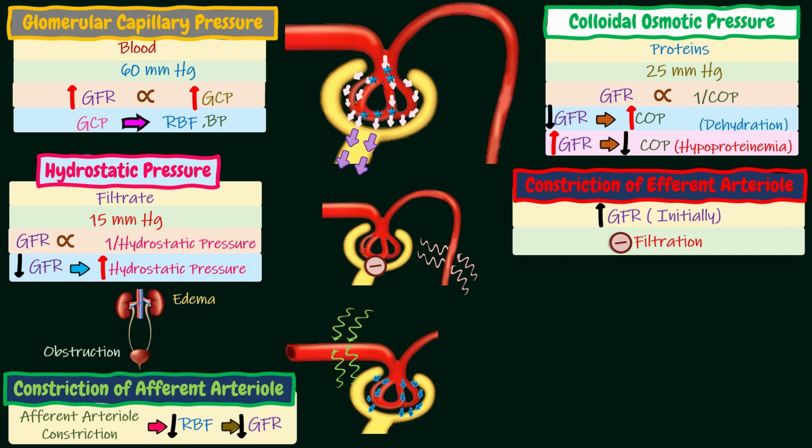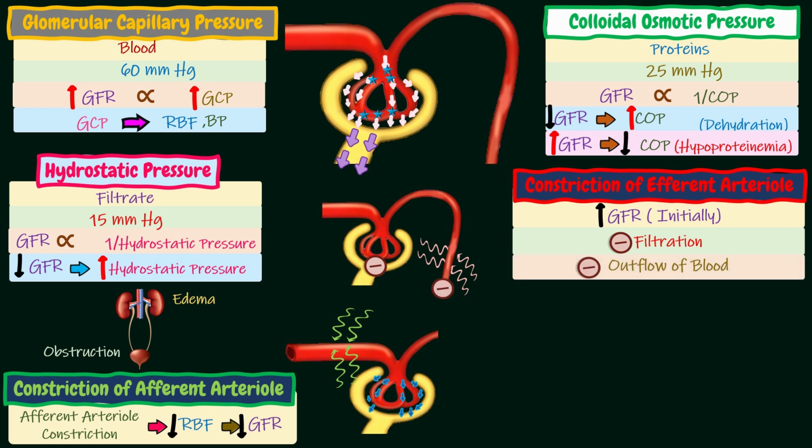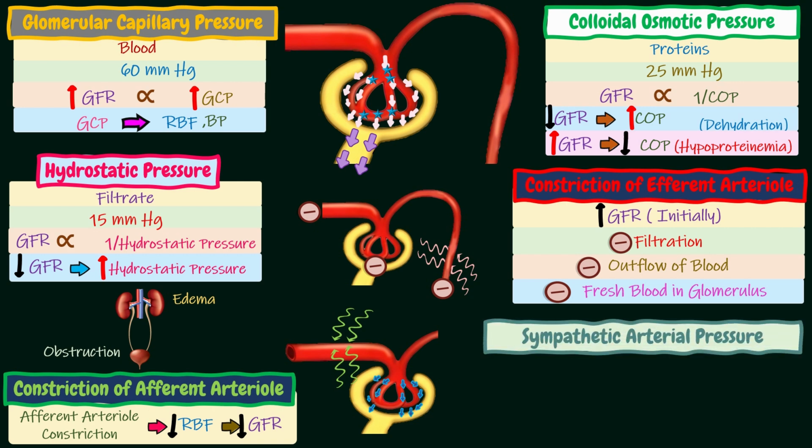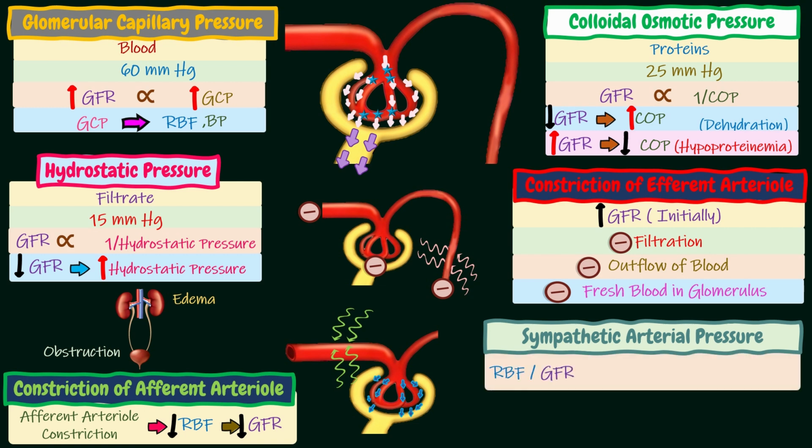Later, when all the substances are filtered from this blood, further filtration does not occur. It is because the efferent arteriolar constriction prevents outflow of blood from glomerulus, and no fresh blood enters the glomerulus for filtration.